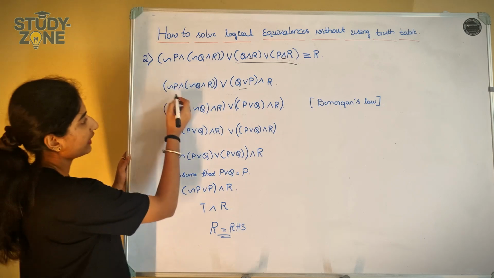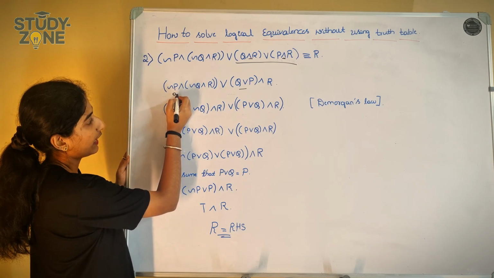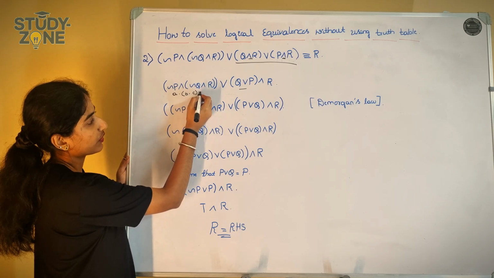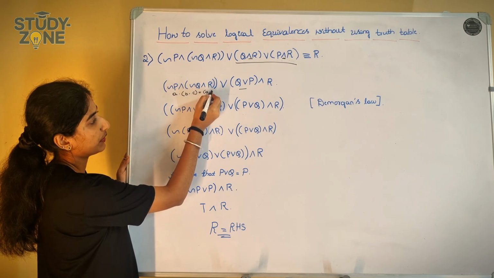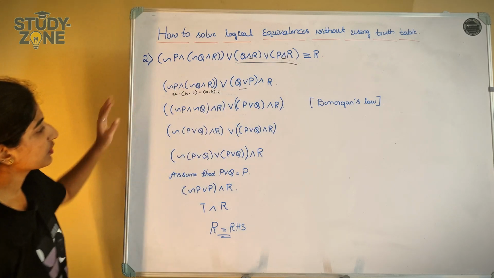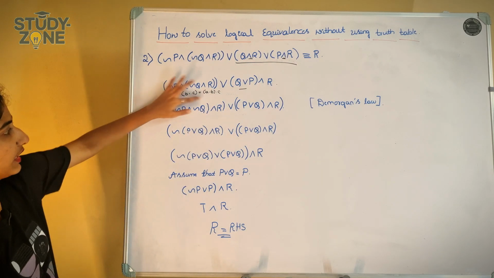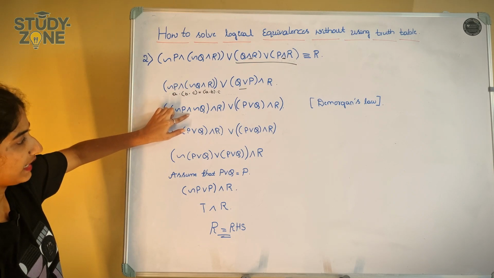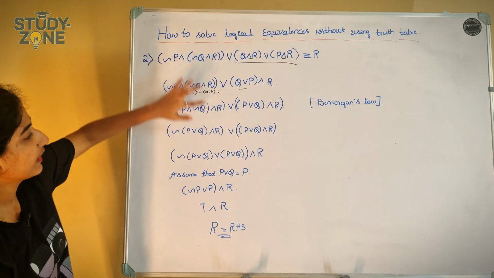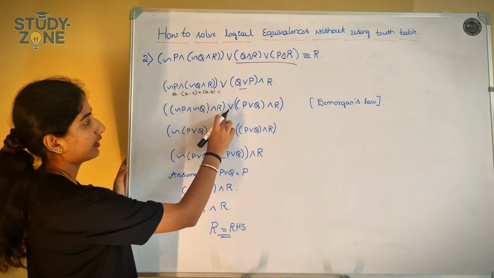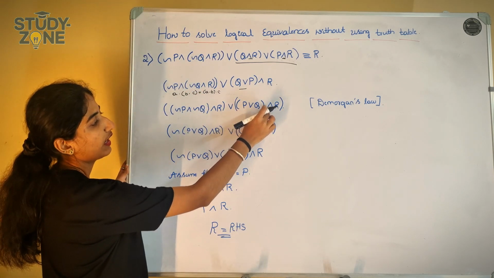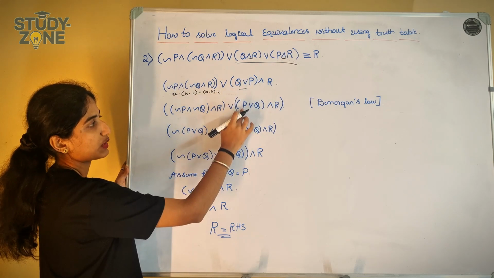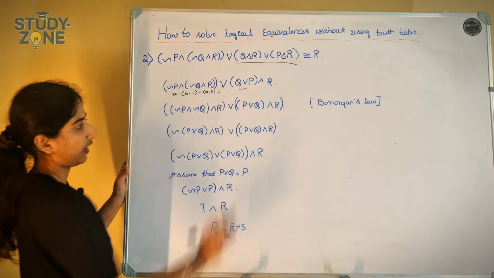Now here this is of the form of A into B into C. We can also write it as A into B into C, correct? So writing this one, which means A into B. So not P and not Q and R, or P and Q and R. Here we are just shifting P this side and Q this side, that is P or Q and R. Done.